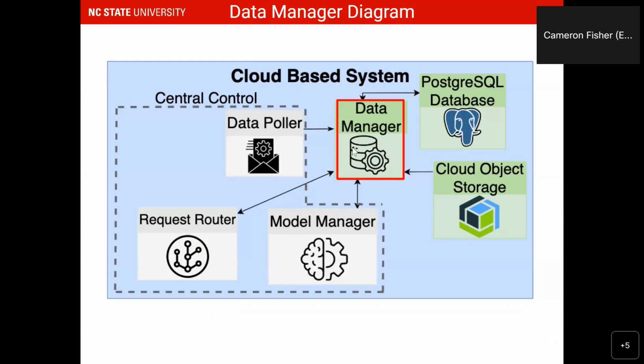So we are having the data manager communicate with both the Postgres SQL database running on the IBM Cloud and the Cloud Object Storage. The Cloud Object Storage is used for images and for models, and the Postgres SQL is used for the data collected, any numerical data that we collect, like what we just showed with the car.